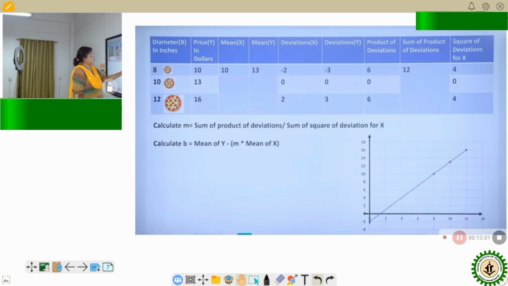Calculate m equal to the sum of product of deviation divided by the sum of square of deviation for x.